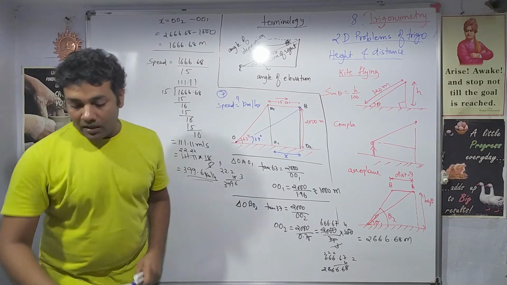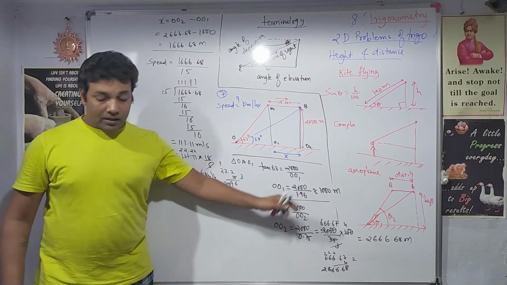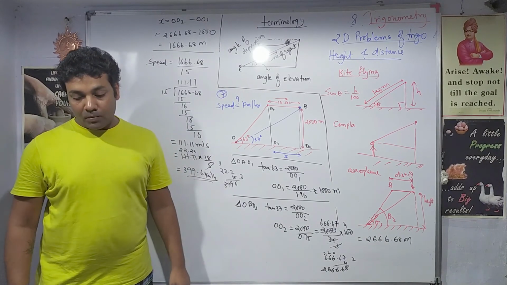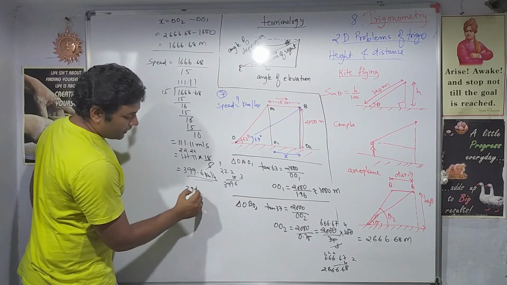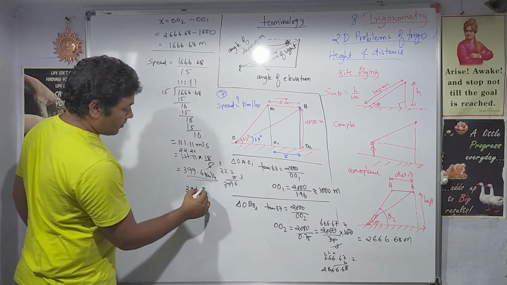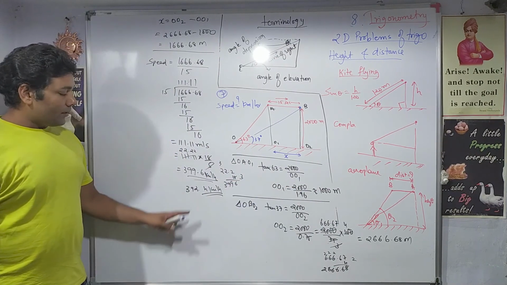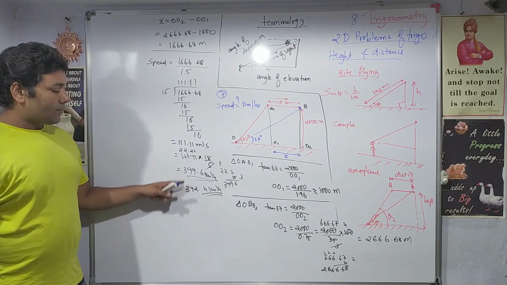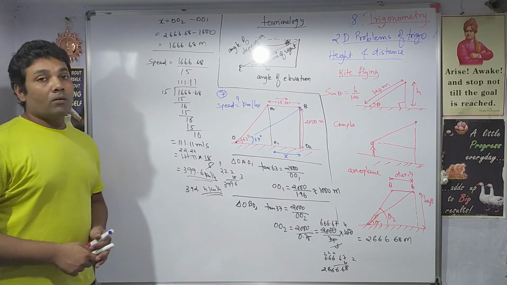This is what the answer is. If you do this division perfectly, then your answer must be 392.4 kilometers per hour. If you do this using a calculator, your answer will come to this. However, it's very close, so we consider this answer also correct.